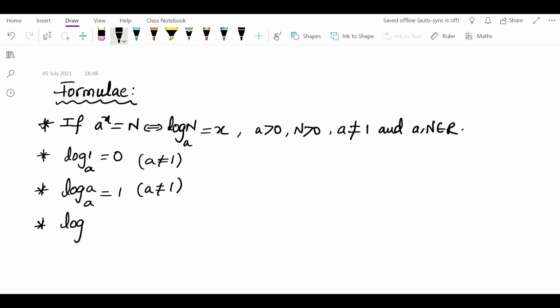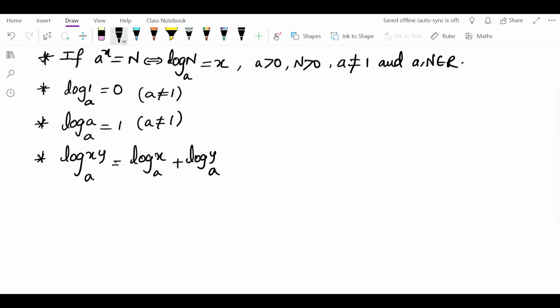Next, log xy base a is equal to log x base a plus log y base a. Log x by y base a is equal to log x base a minus log y base a.